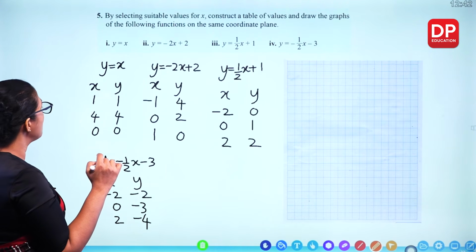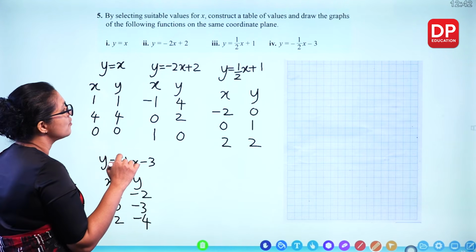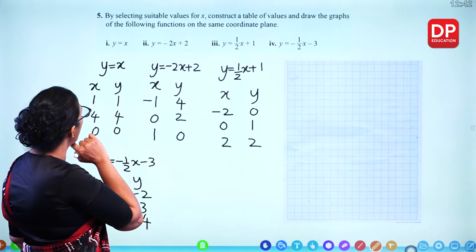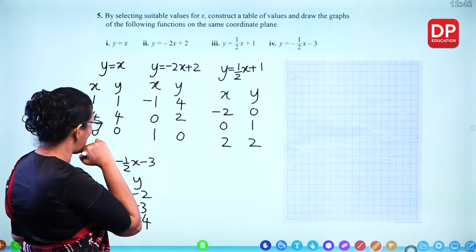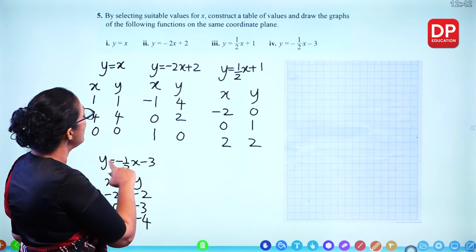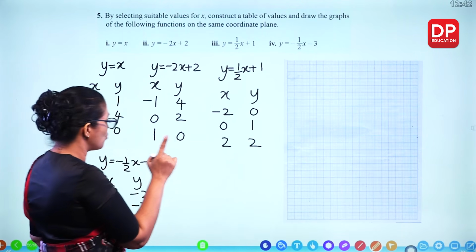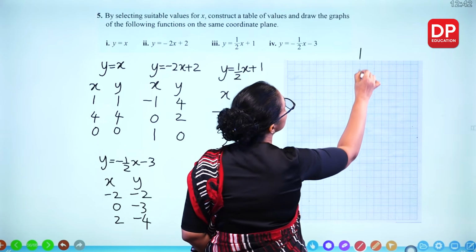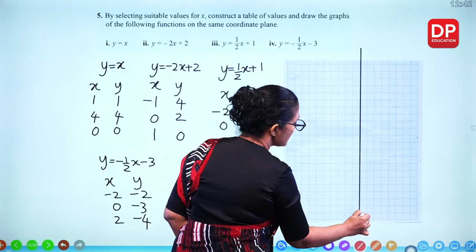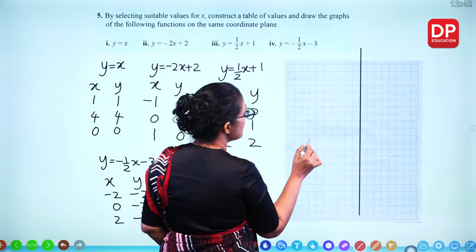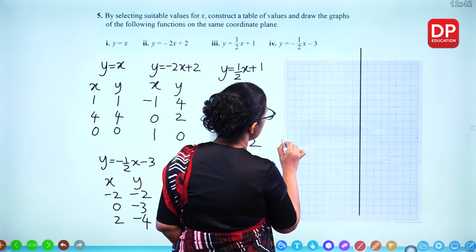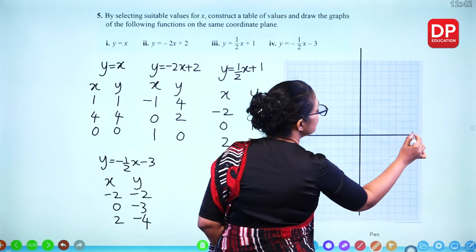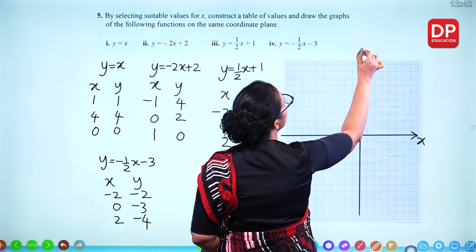So, we have several points. Now, we'll draw the graphs. So, all these y value 4, minus 4 and x values minus 2 to 2. So, we'll draw the y-axis here, x-axis here, x, y.